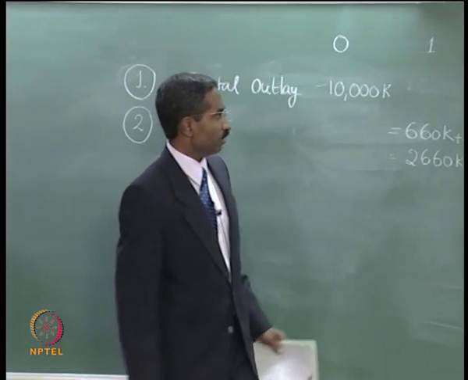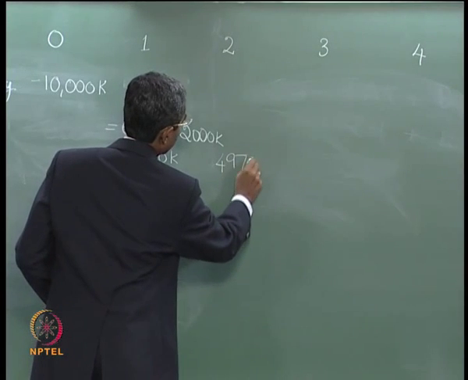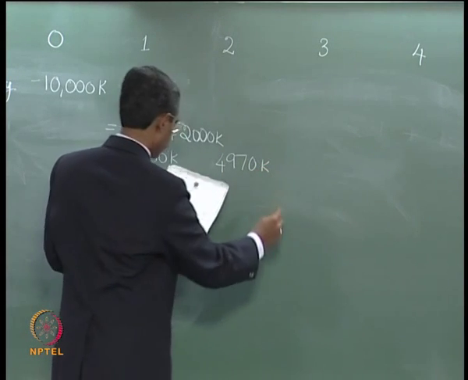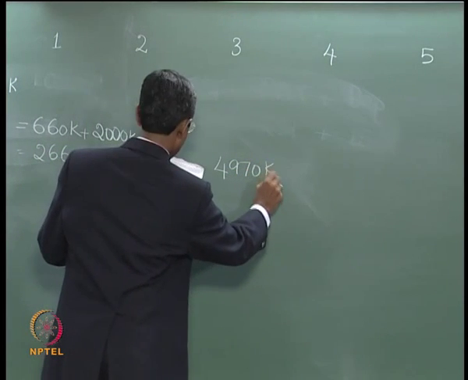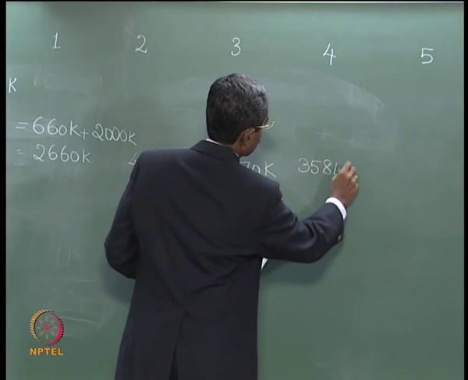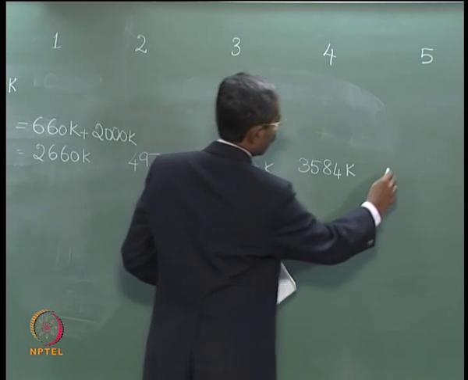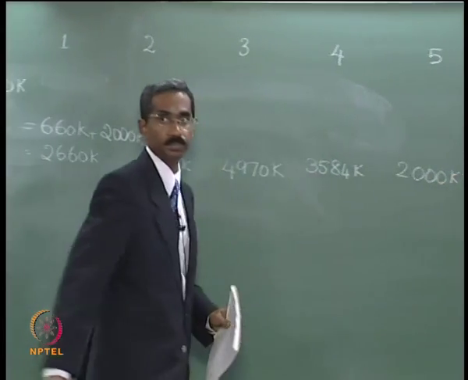So we can calculate it for the remaining years, and this turns out to be 4970 in year 2, 4970 in year 3, 3584 in year 4, and 2000 in year 5.